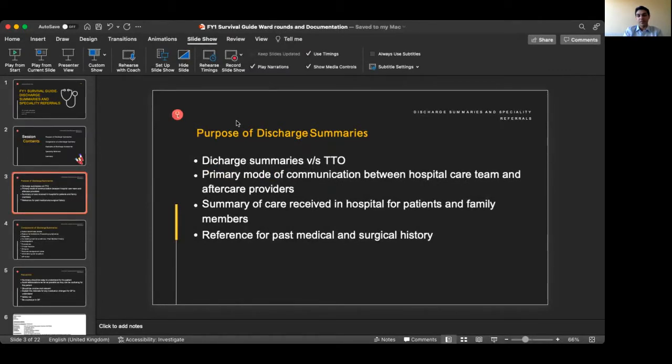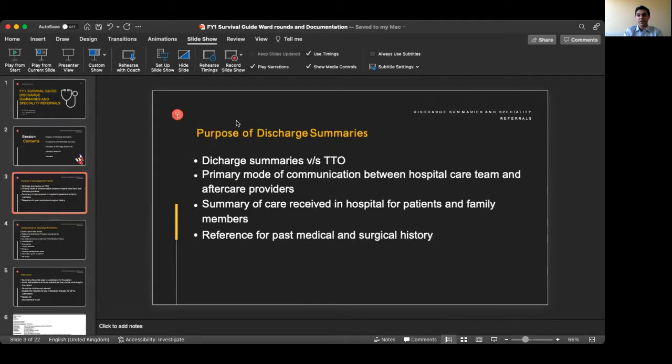So discharge summaries. We're going to talk about the importance of discharge summaries, but before we do that, we're going to talk about two terms which you'll hear quite a lot: the difference between discharge summaries and TTO. A discharge summary is the main document which GPs and patients receive, and this will include a summary of what has happened in hospital.